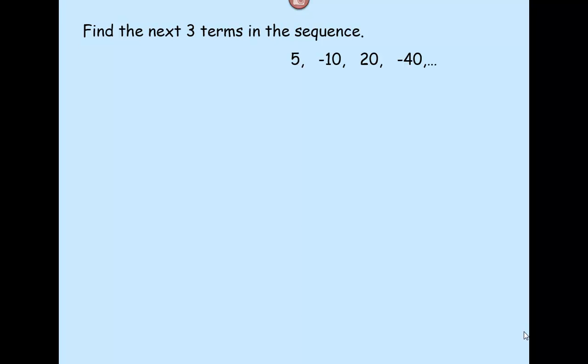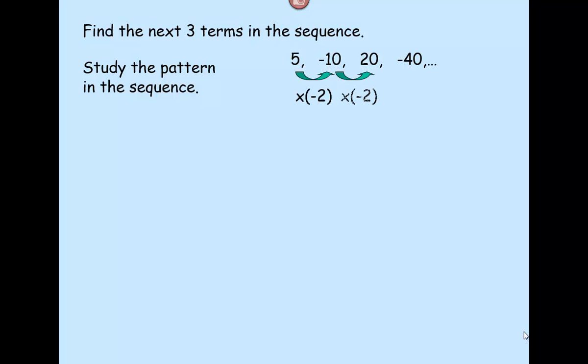We know that it was a multiple of 2, but maybe instead of just a positive 2, what if we multiply by a negative 2? Each time, what does the negative do? A negative sign each time flips the sign of the answer from positive to negative and negative to positive and so on.